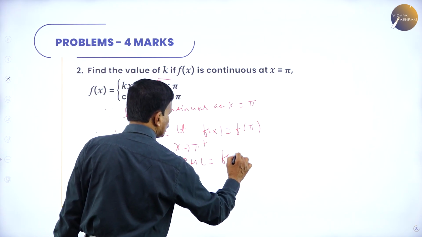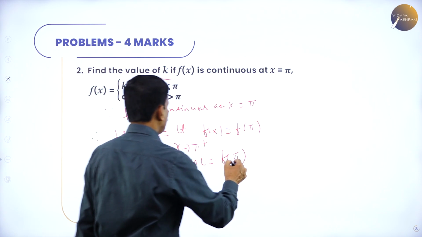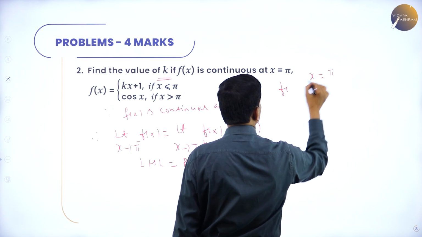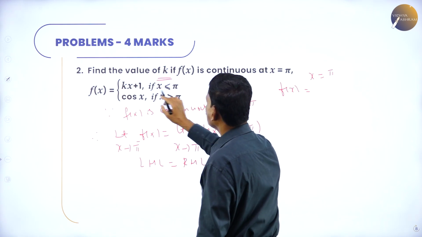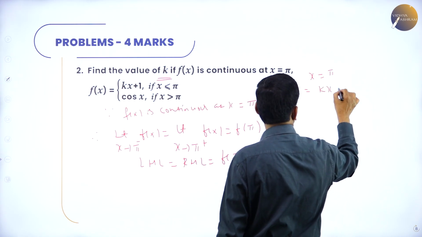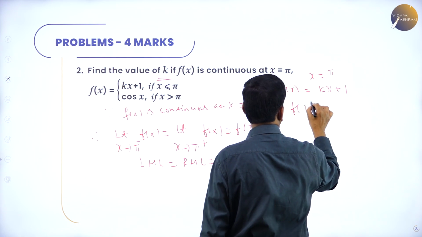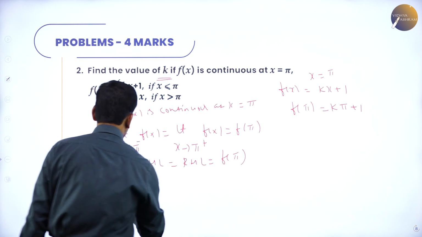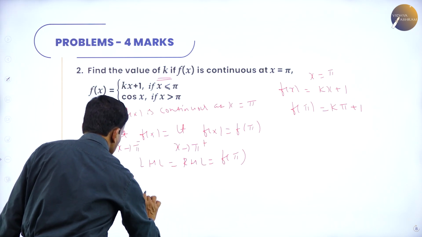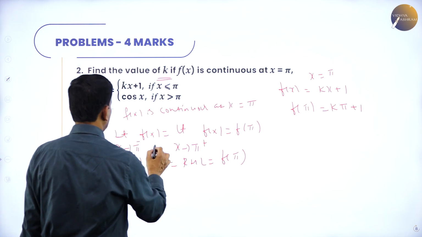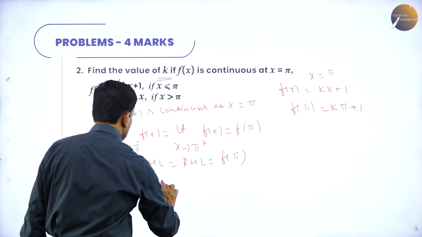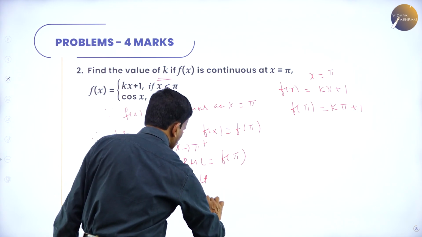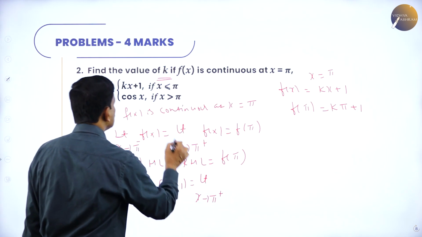Straight away you can write. So, what is f of x? At x is equal to pi, f of x is equal to kx plus 1. f of pi can be written as k into pi plus 1. Now, limit x tends to pi minus f of x, left hand limit, less than means you will get kx plus 1, is equal to limit x tends to pi plus f of x.